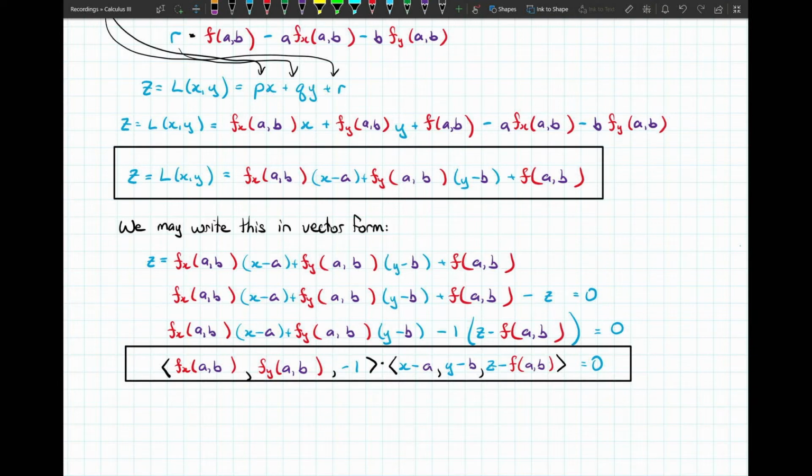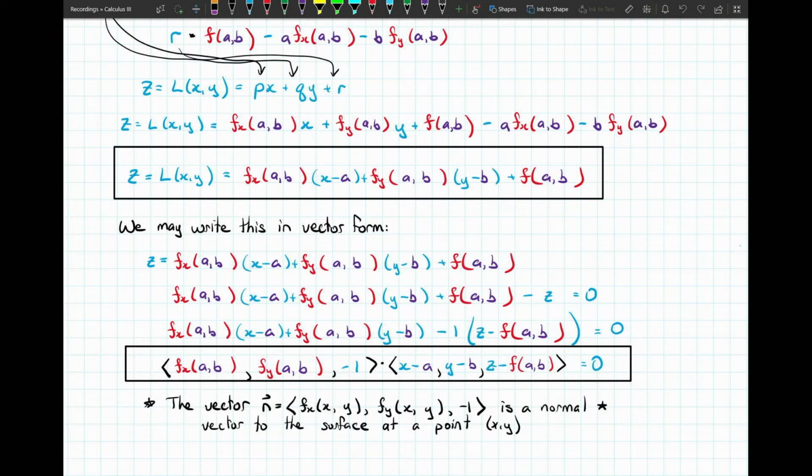And so we have the vector form of the equation of the tangent plane and this extra little bonus that the vector formed by the partial derivative of f with respect to x, partial derivative of f with respect to y, comma, -1 is a normal vector to the surface at any given point x, y. You just need to plug in a comma b and you can get the normal vector anywhere you want on the surface, assuming that it is fully differentiable at that point.